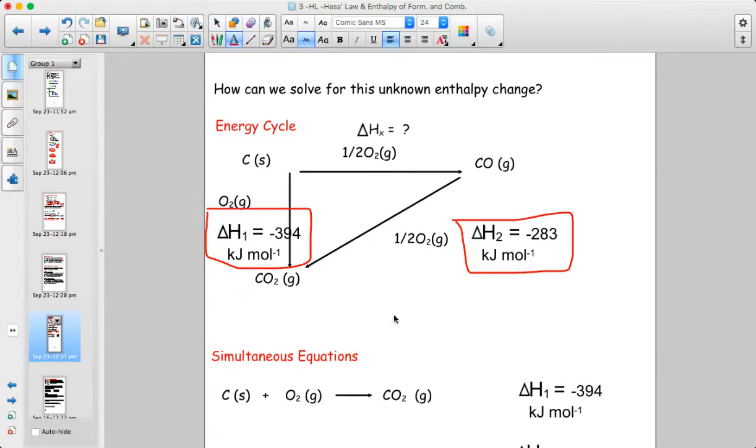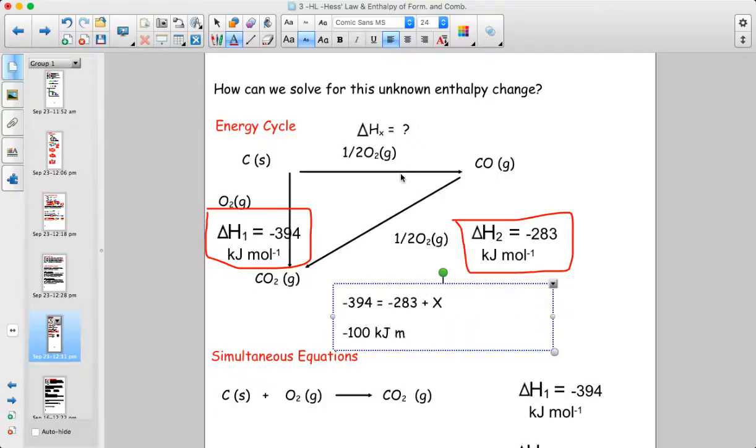So it ends up being some pretty simple math that negative 394 should equal negative 283 plus whatever that last enthalpy change is. And so if you solve for that, you get negative 110 kilojoules per mole equals X, or equals that third enthalpy change.